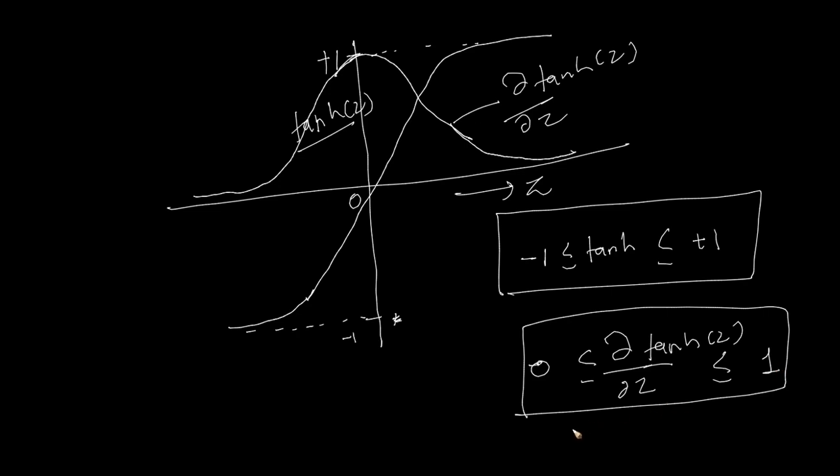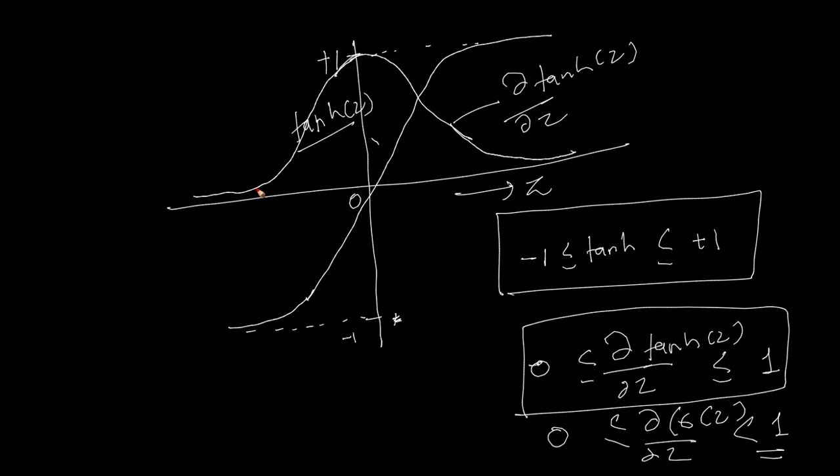In the case of sigmoid, the derivative of sigma of z with respect to z was strictly less than 1, but the derivative of tanh can be equal to 1 also.